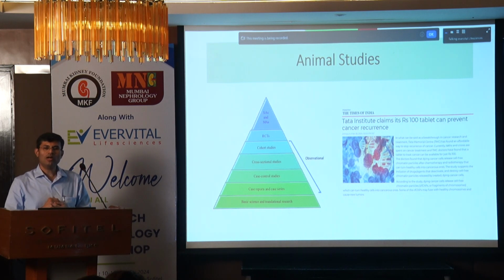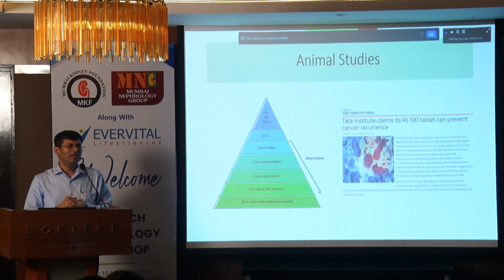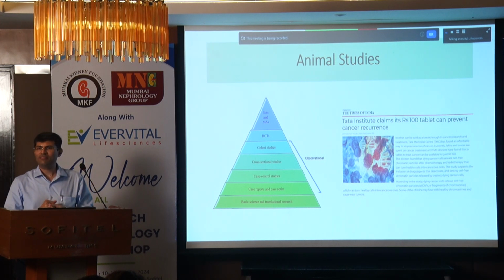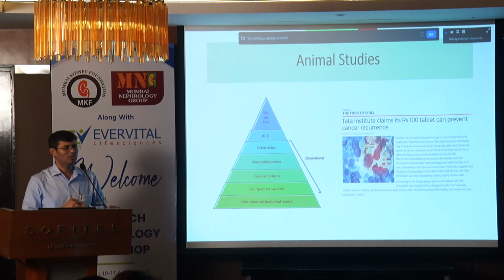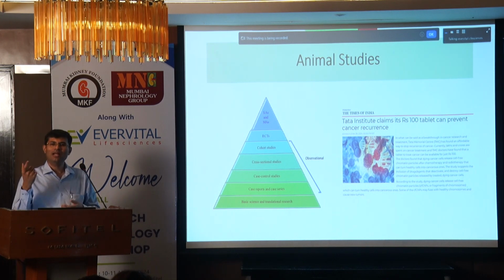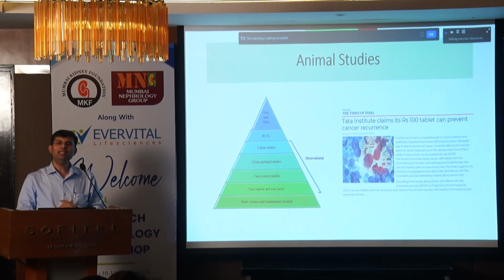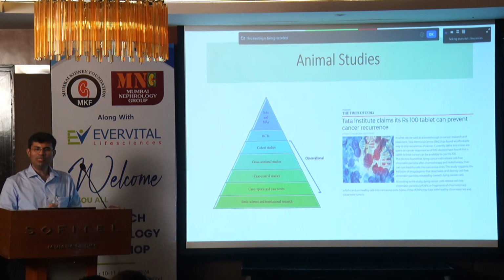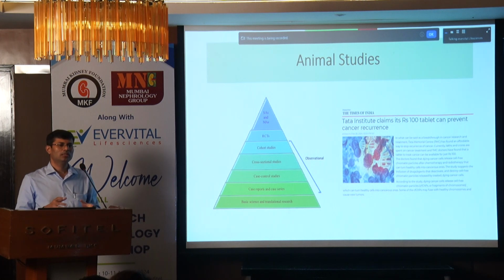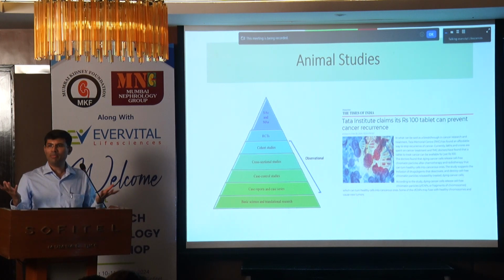But actually this was a study conducted by the pharmacology department of Tata Hospital in rats. They found that resveratrol decreased the cell burden, but all the media claimed that it cured cancer. Animal studies are at the bottom because men are not mice.